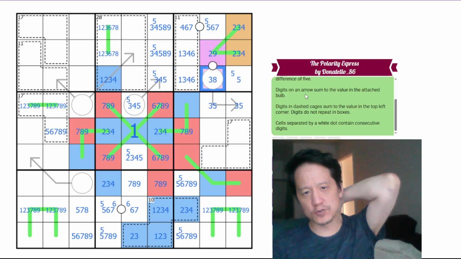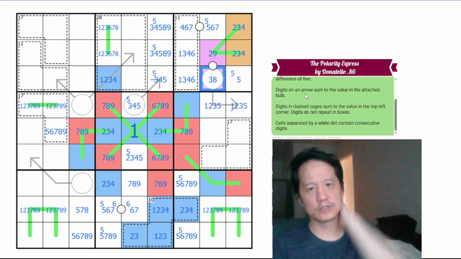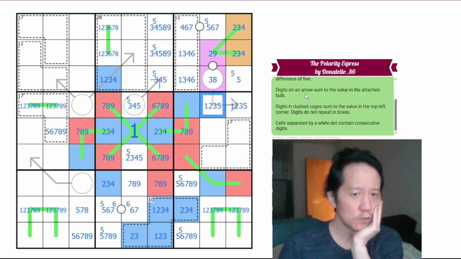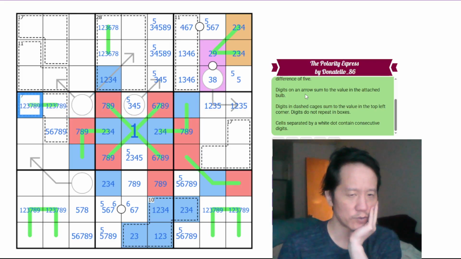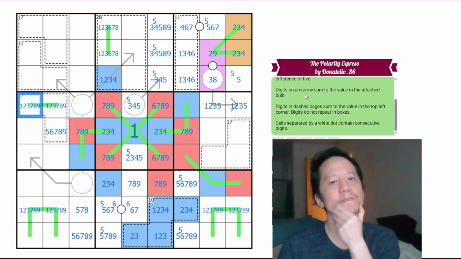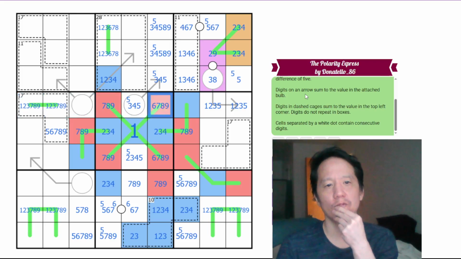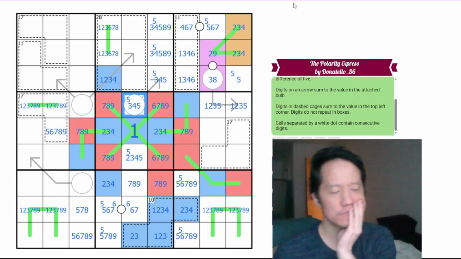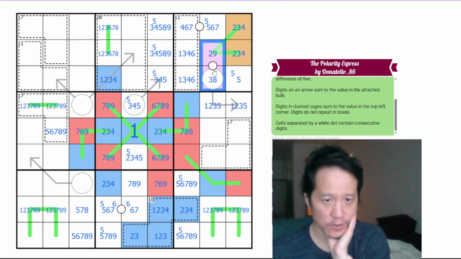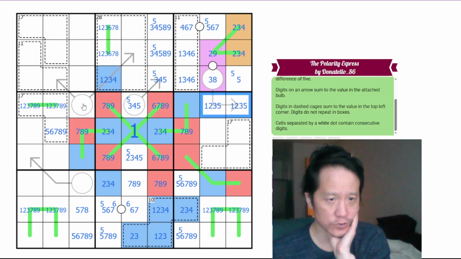If we tried to have 2 and 3, this would be 1, 2, 1, 2, which would force us to be 3 with either 8 or 9. Oh, that's interesting. 2, 3, 1, 2, 1, 2. This would be 3.